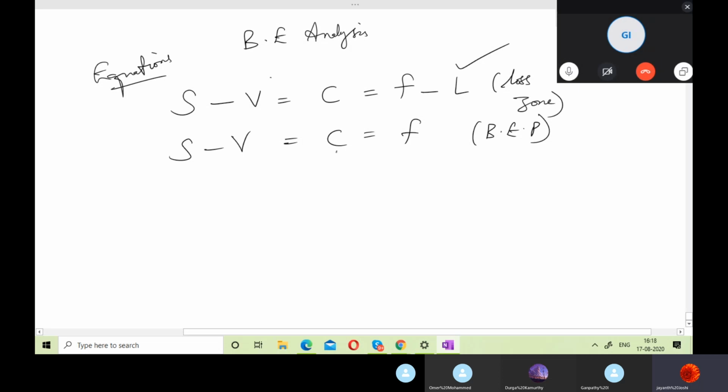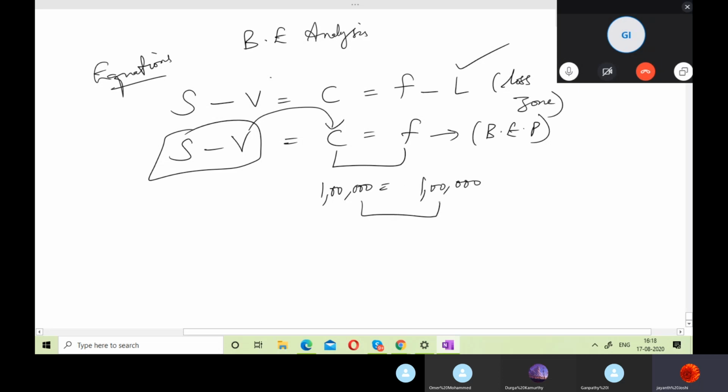That means when your contribution is equal to fixed cost, and contribution is what? Sales minus variable cost. So when sales minus variable cost gives you contribution, and that contribution is equal to fixed cost, you are at break even point. We have already checked this situation and scenario in the previous session. So if I get contribution of 1 lakh and if my fixed cost is also 1 lakh, then definitely I am at no profit, no loss.